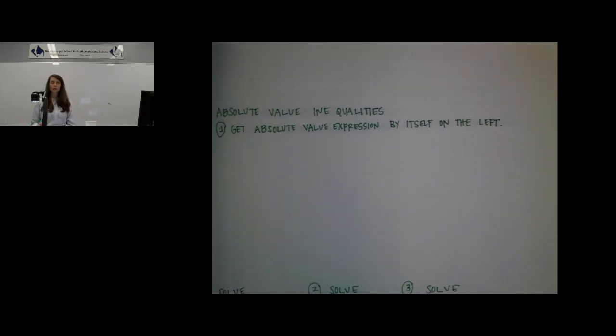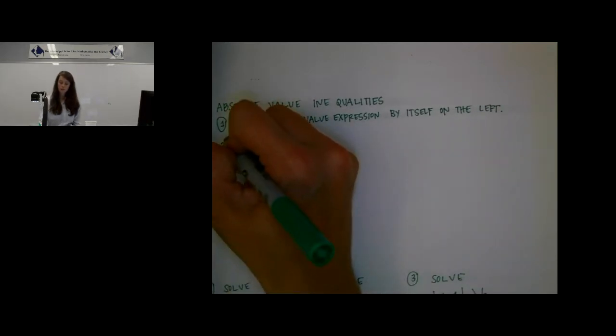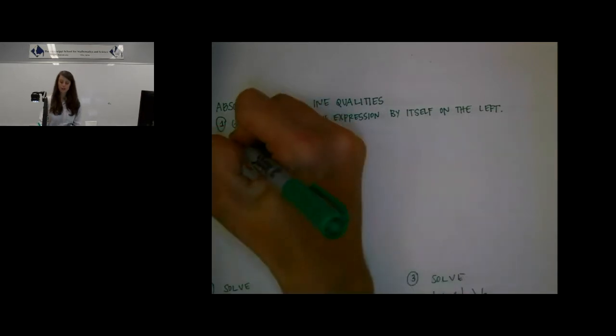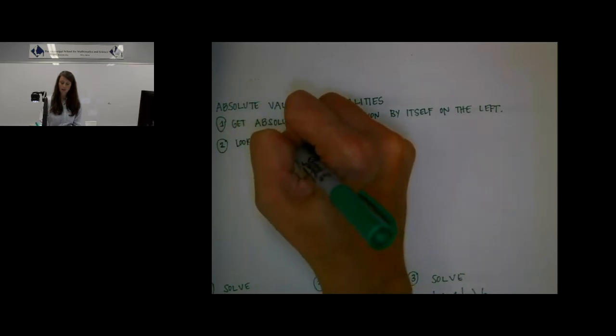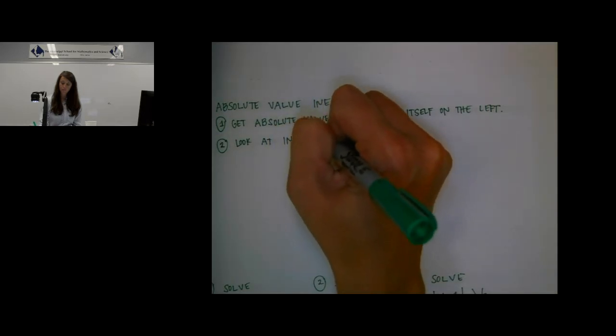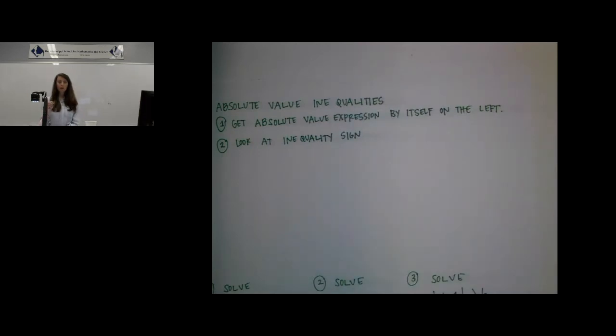Okay, so get it by itself on the left. Then the second thing is you're going to look at the inequality sign. So look at the inequality sign. When you look at that inequality sign, that's going to tell you what you're going to do.